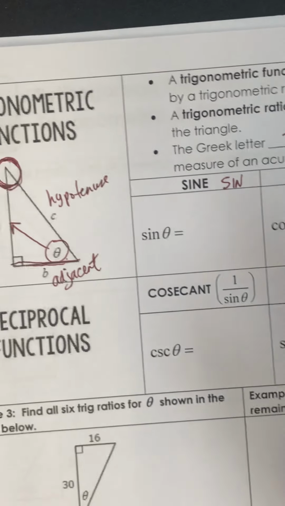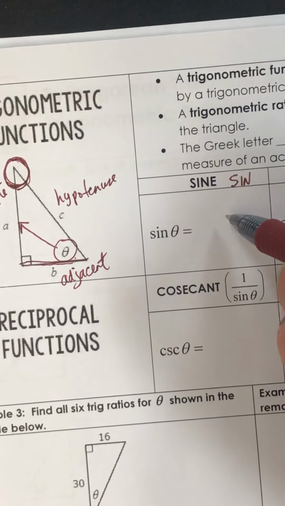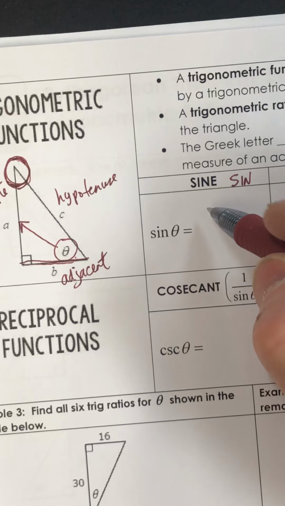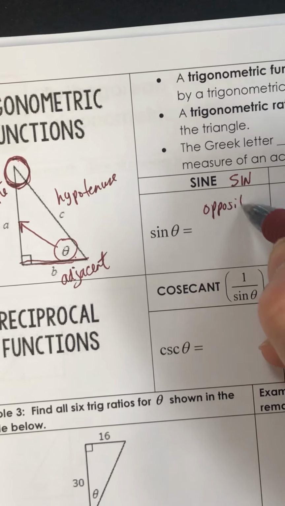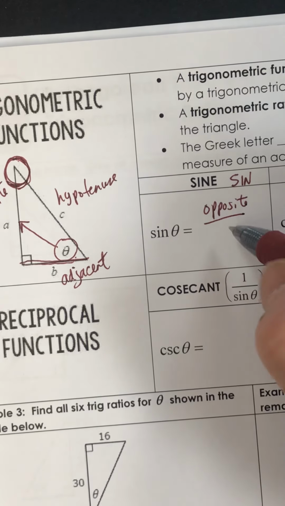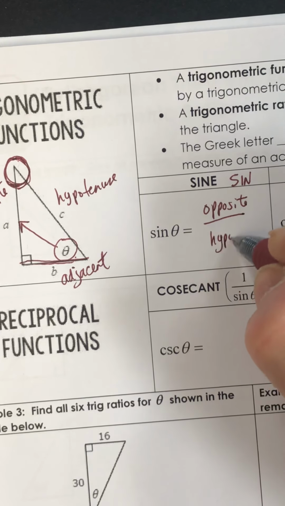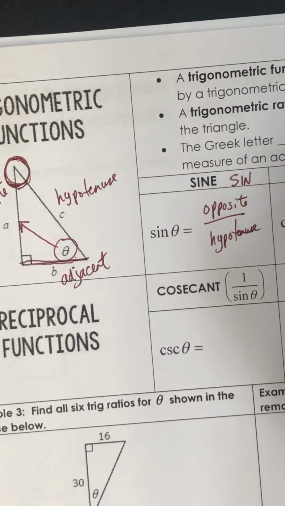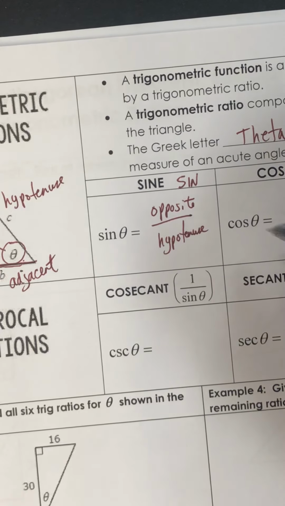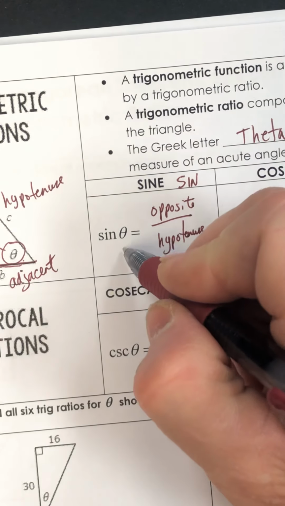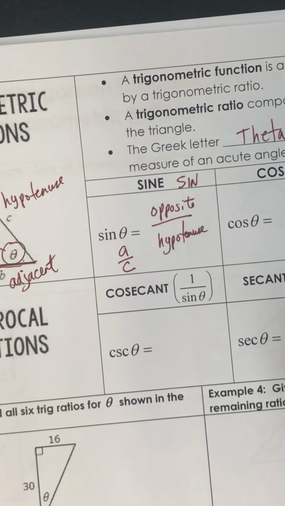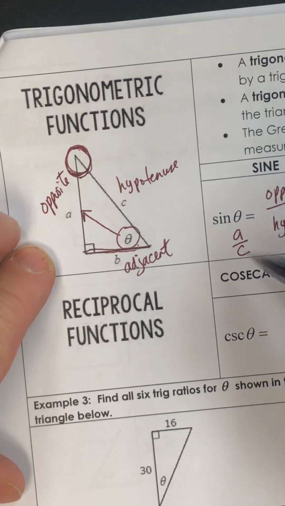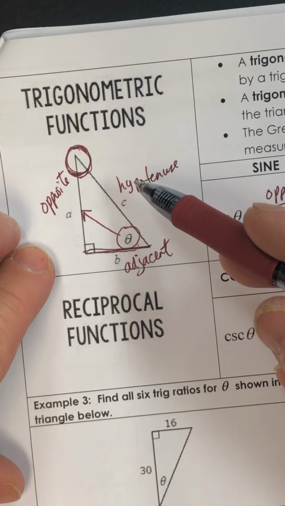Okay, so the sine function is the side that is opposite over the hypotenuse, which from this figure would be A over C. Opposite over hypotenuse.